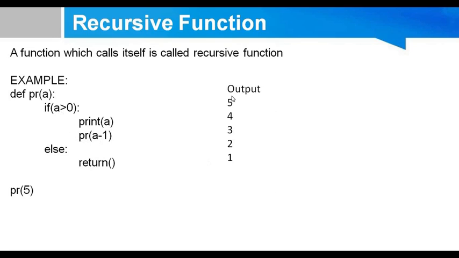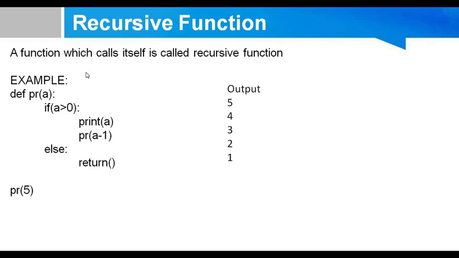See here I am passing 5. First it will check 5 is greater than 0, print 5, and call pr(5 minus 1), that is 4. Then with pr(4) the function is called again with the value 4. Again it checks 4 is greater than 0, prints it, then calls pr(3), and it continues.